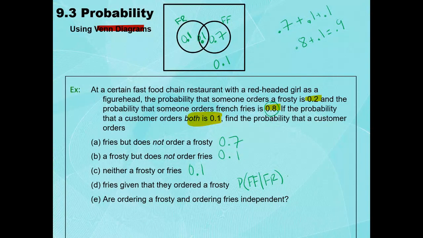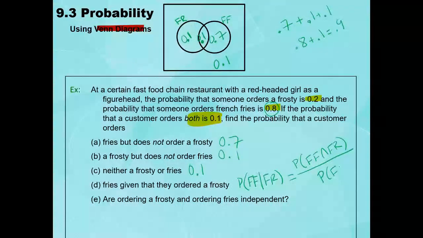Okay. So I don't know if I want to go all the way back on my slides, but how you would write this is saying, well, this is going to be the probability that they got both, their intersection, over the probability that they got a Frosty. Right? That given becomes my total because I'm narrowing in my focus.